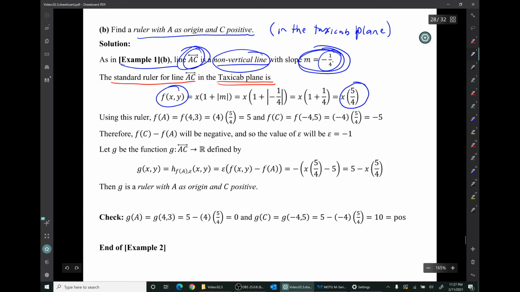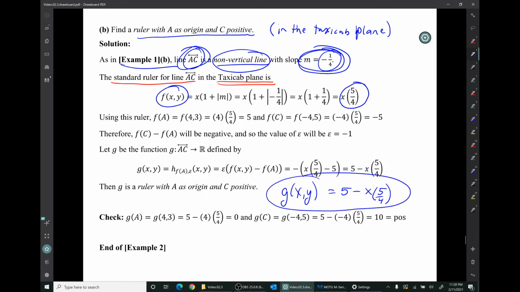The result, though, is that the ruler that we end up with is this. For the taxicab plane, the special ruler for points A and C, the ruler that has A as origin and C positive, is this formula. So a different formula than the formula for the special ruler in the Euclidean plane.